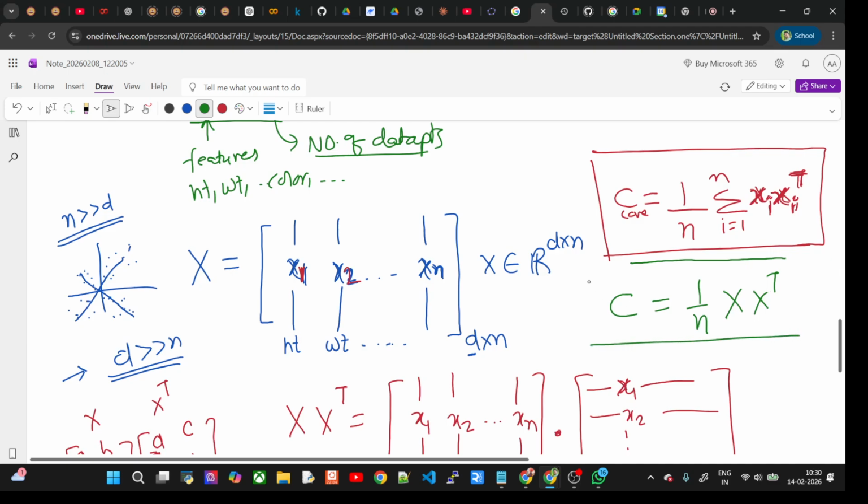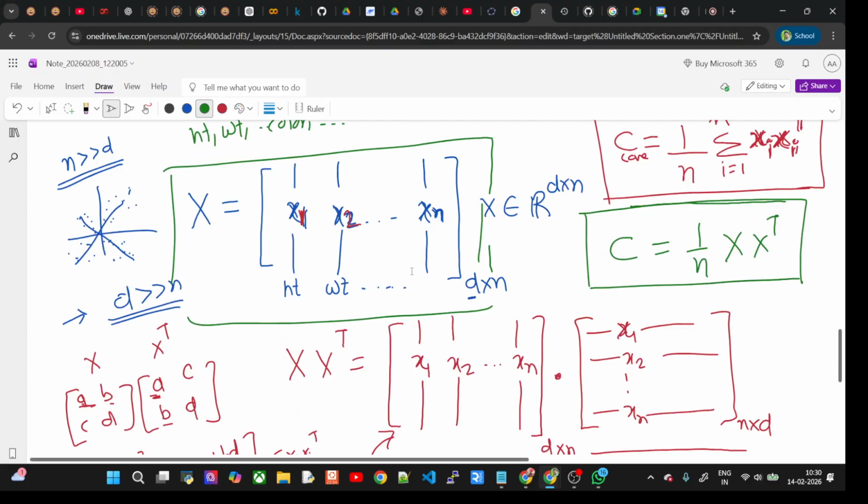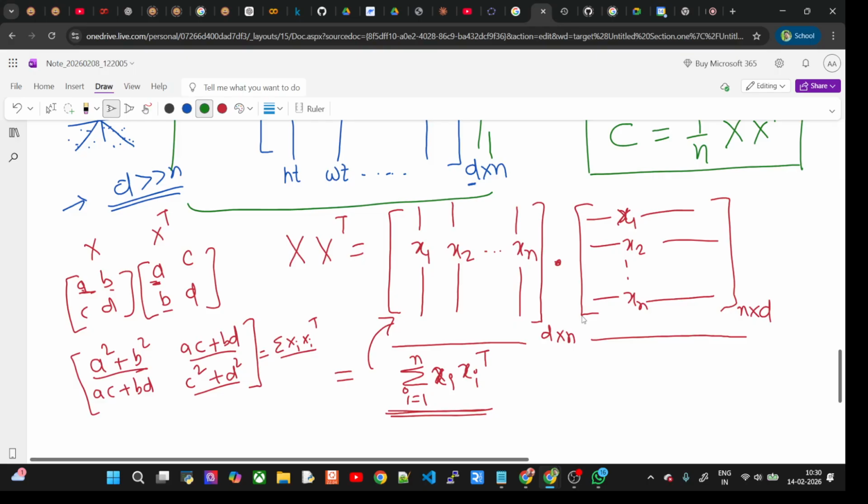Capital X is nothing but this value, which has internally x1, x2, x3, all the features. So instead of representing the summation of xi into xi transpose, I am now saying this is 1 over n times x into x transpose. We just found that this is what we get from here. This is the important point.